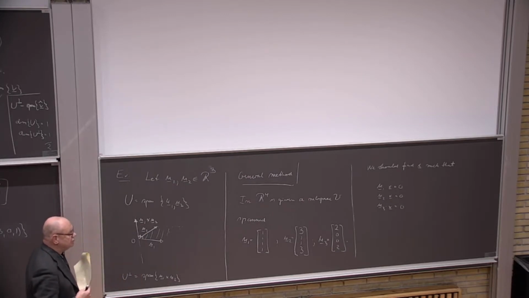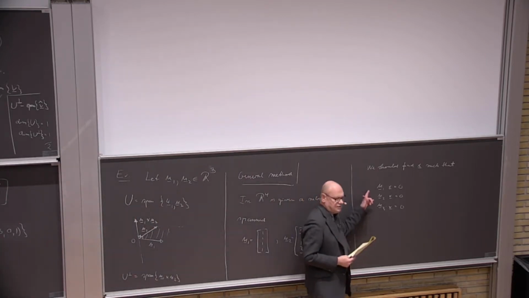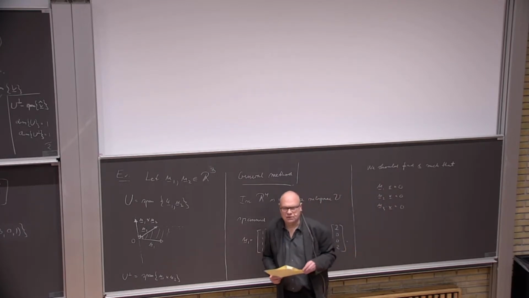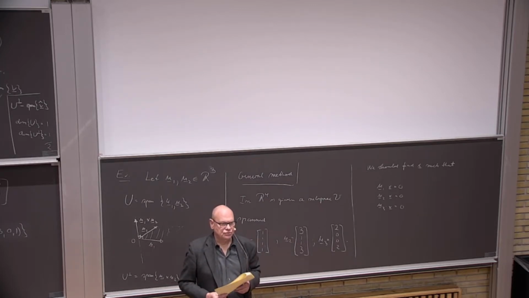So this should be fulfilled for a vector in the orthogonal complement. Now I claim that if x is orthogonal to these 3 vectors, it will be orthogonal to all of U, to the whole subspace U.